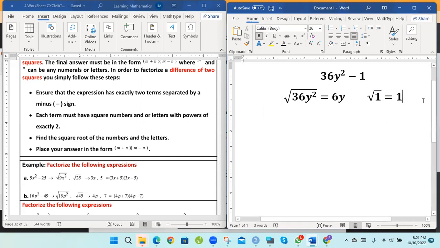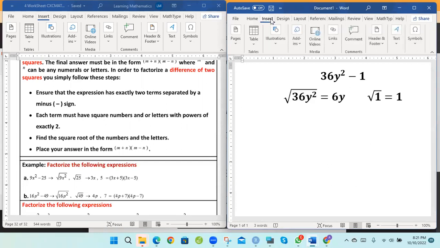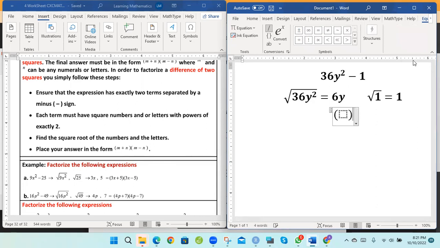So now, in your final step, as it says, 2 empty brackets, 1, 2 side by side. In the first one, you take that 6y and place it there, plus you take the 1 and put it there.